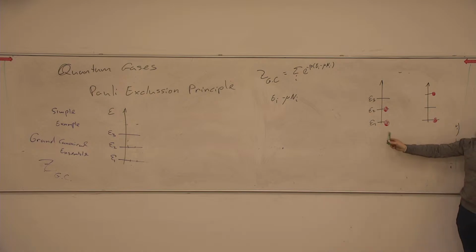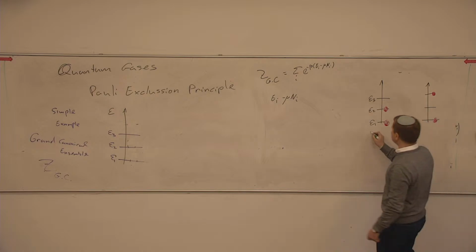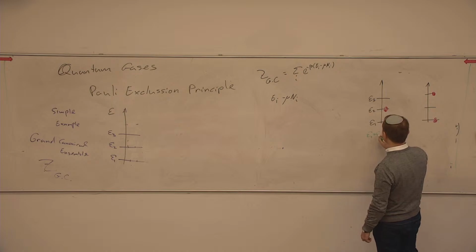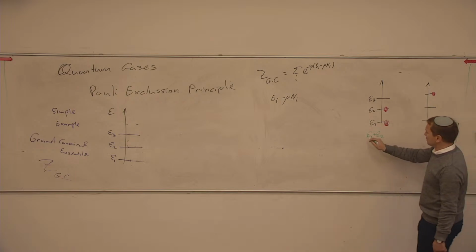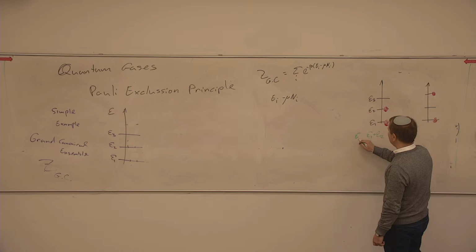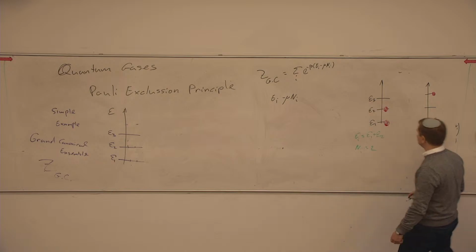The energy associated with this state is epsilon 1 plus epsilon 2, and the number of particles associated with the state, let's call it state i, is N_i equals 2.